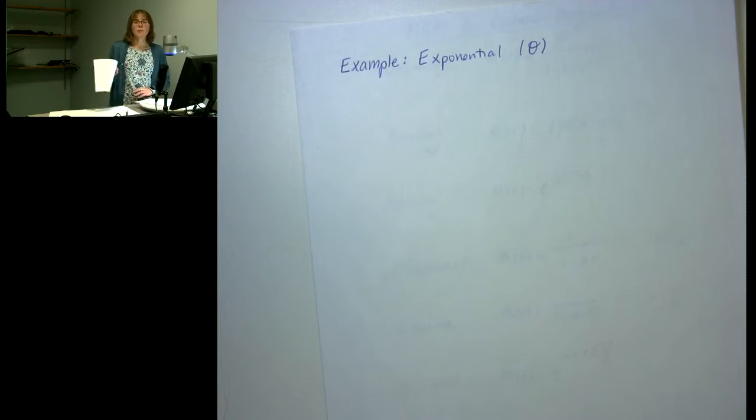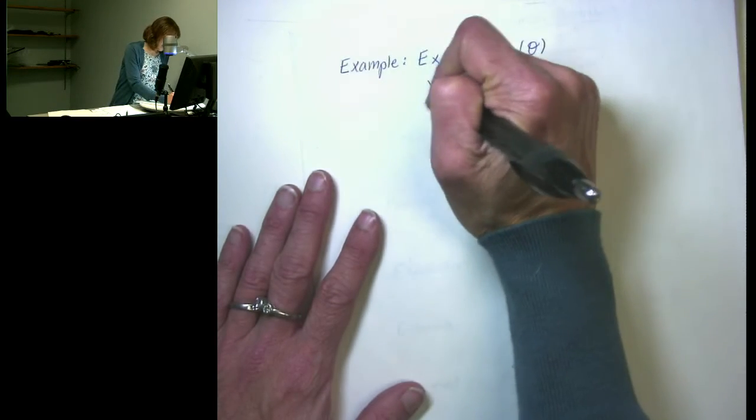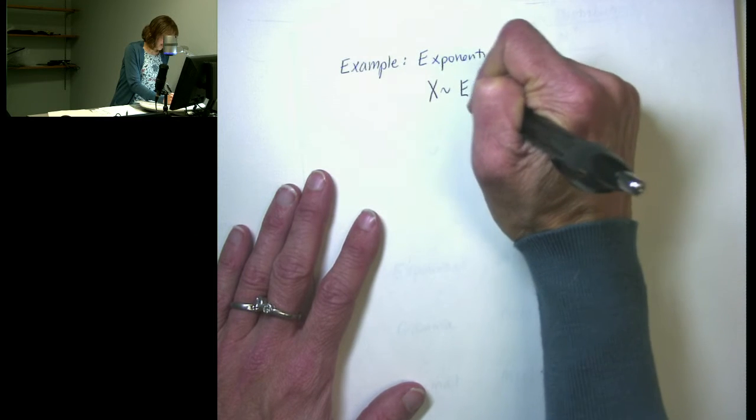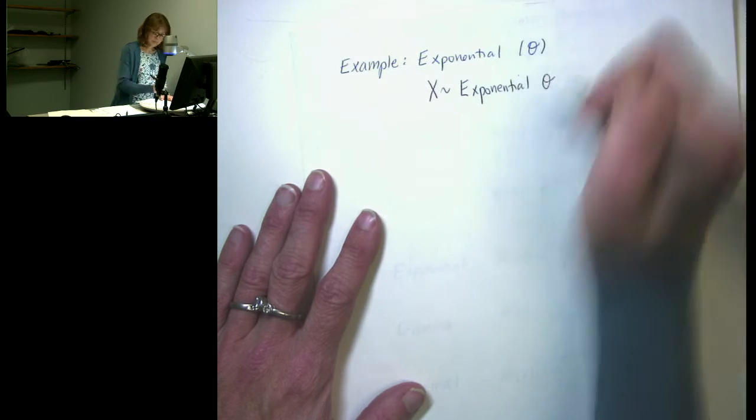I'll derive a moment generating function for a continuous random variable just so that we can see how that would work. I'm going to do an exponential random variable, so that x has an exponential distribution with mean theta.